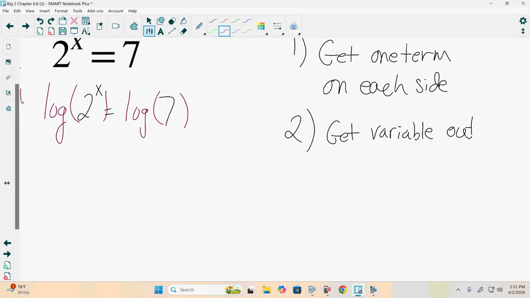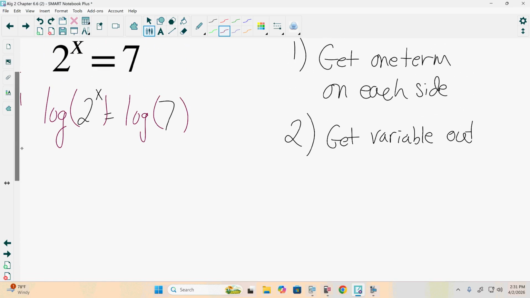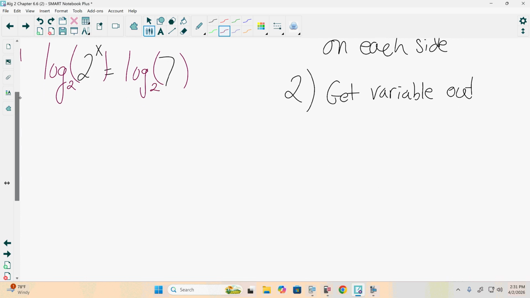And because the x only shows up on that left-hand side, we're going to use specifically log base 2. Now, there's a reason for us doing this. Well, log base b of b to the x is x. We went over that in previous lessons.